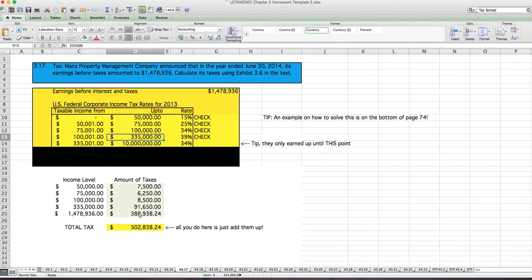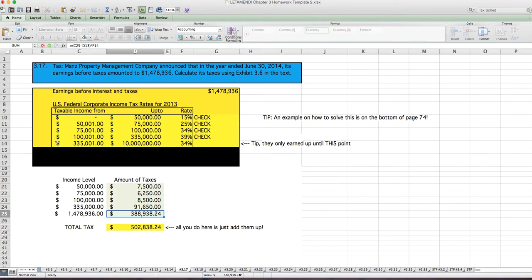So now we need to find the difference between the total amount that they made and the upper side of this threshold, which is why we do the 1.4 million minus this upper level here, 335, and then we multiply it by the threshold. So by the rate. Be careful not to multiply it by this one because it's going to be wrong. Okay, so you want to make sure to keep it consistent, and only use the rate that pertains to that particular level.